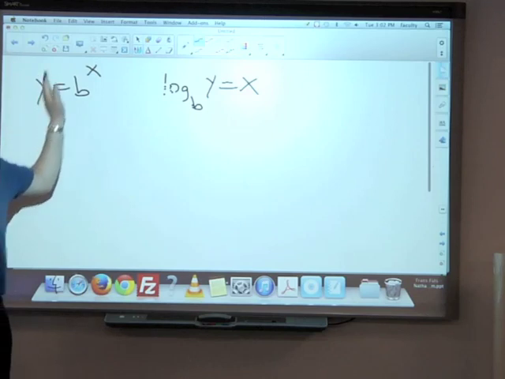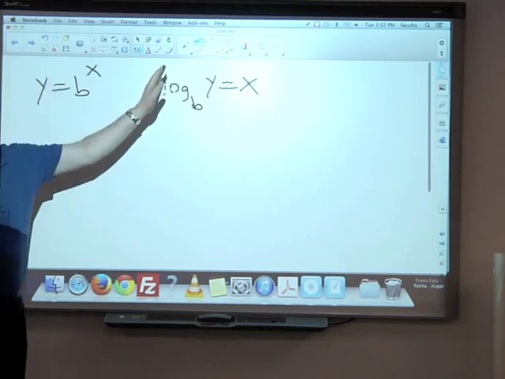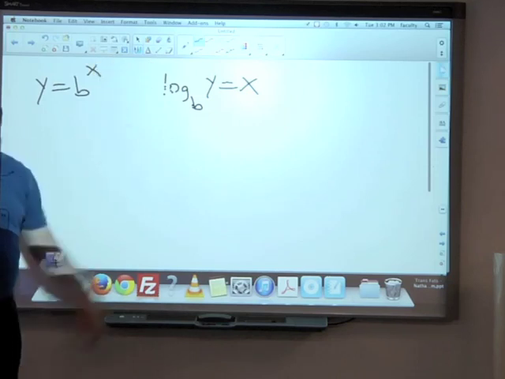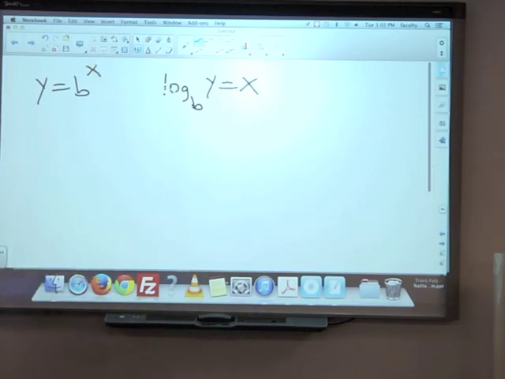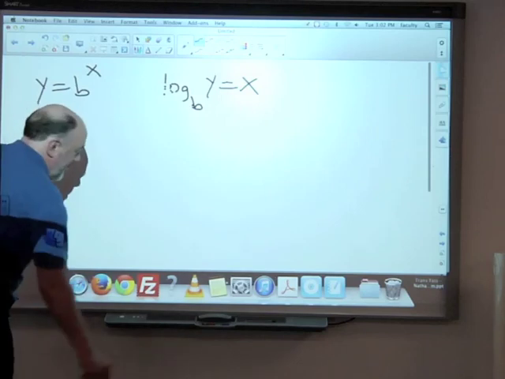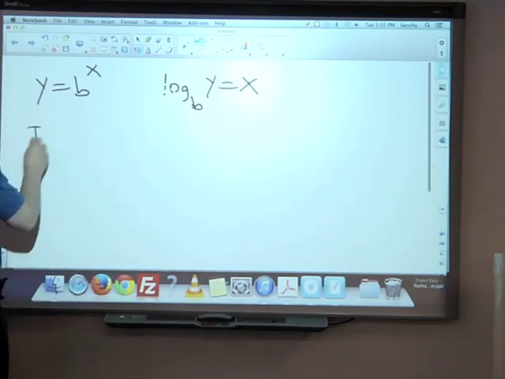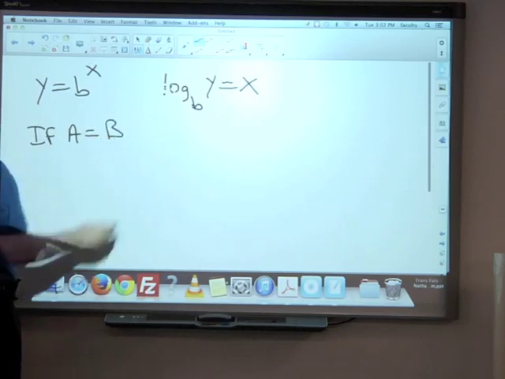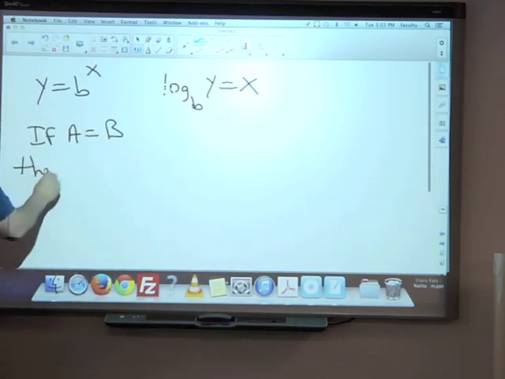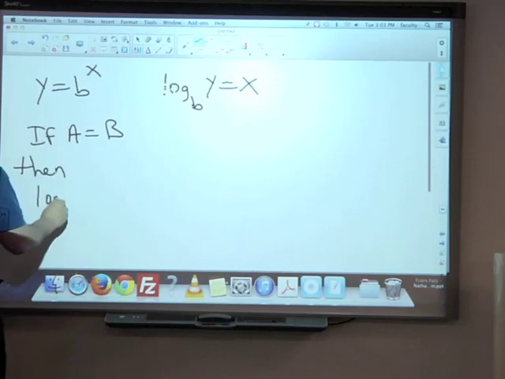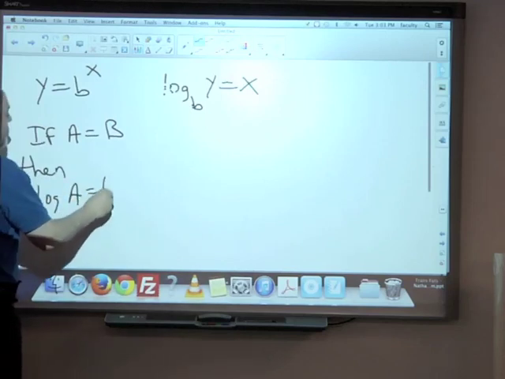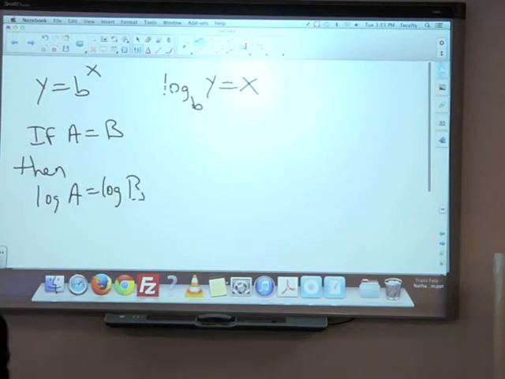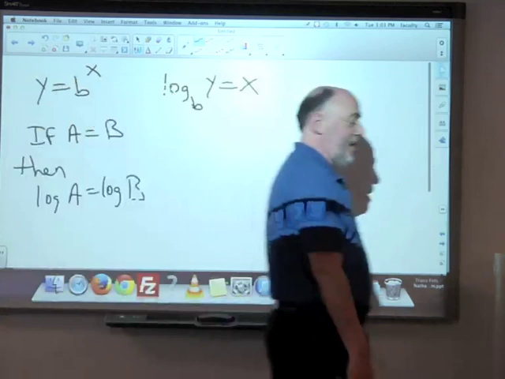We'll also make use of this: if A is equal to B, then the log of A has to equal the log of B. Whatever the base may be, it doesn't matter.